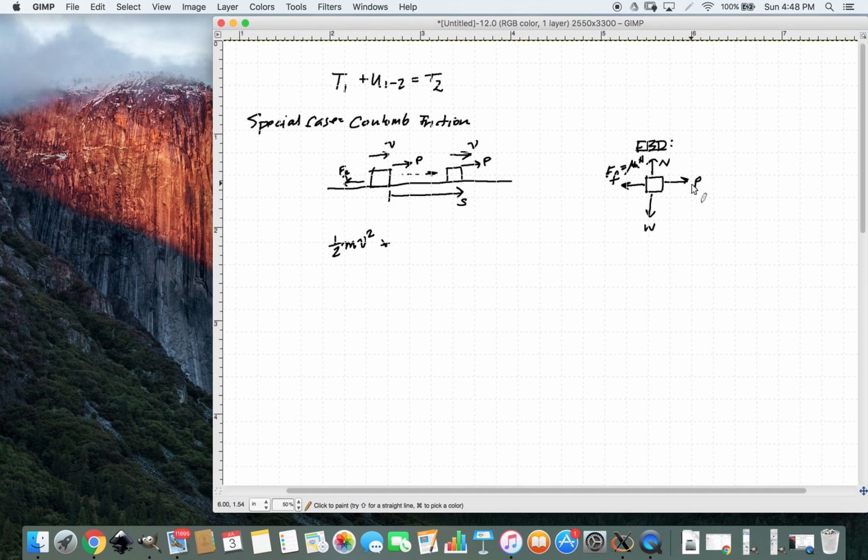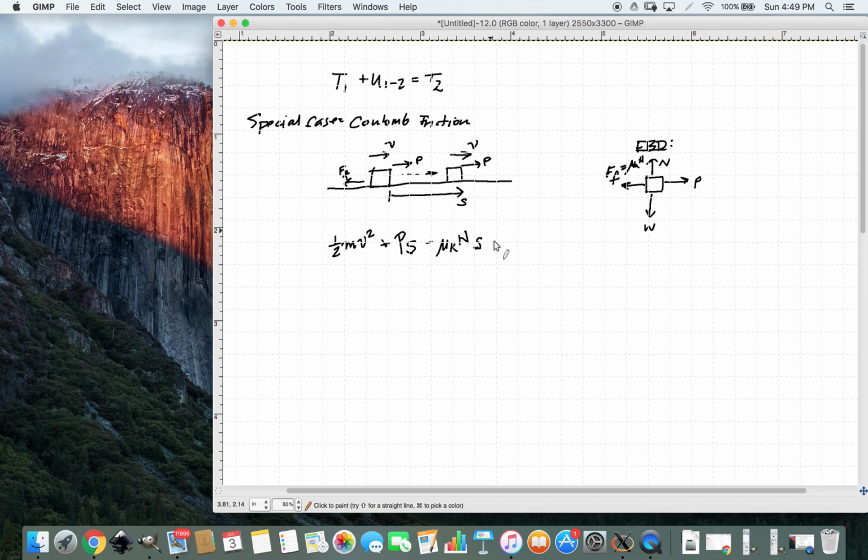The force P is exactly directed along the direction of displacement. The amount of work it would do then would be P times s, that degree of displacement. Meanwhile, because the friction force is negative, that integral would have yielded a negative mu k N, that was the magnitude of the force, and s for the distance. So these two forces do work. This is exactly how much work they do.